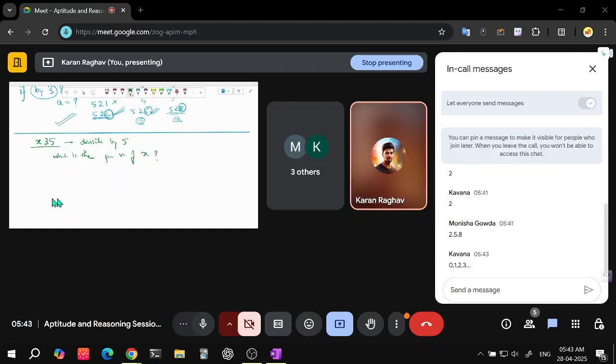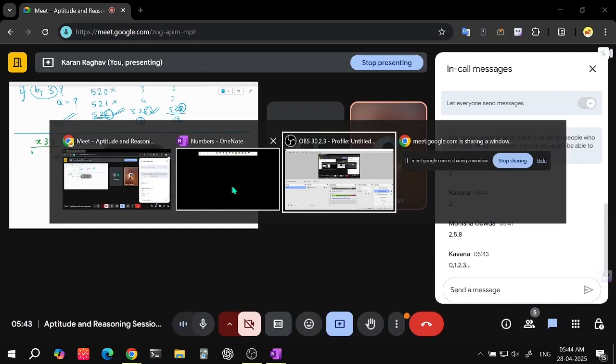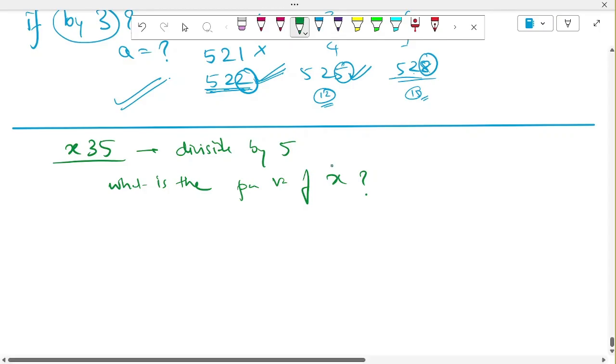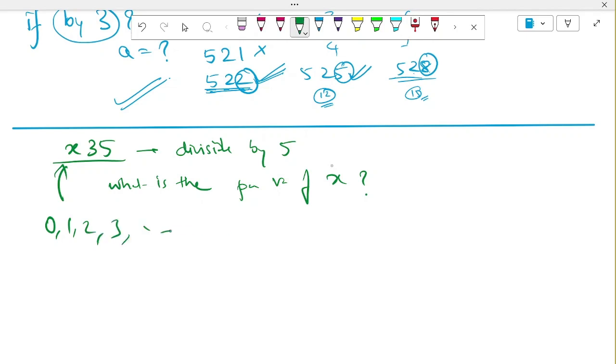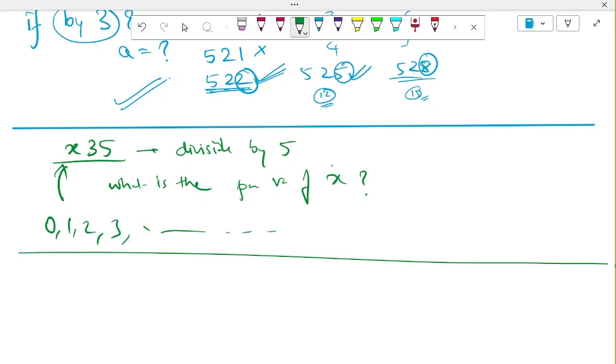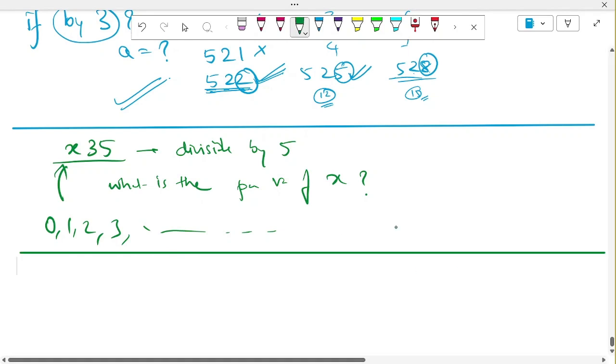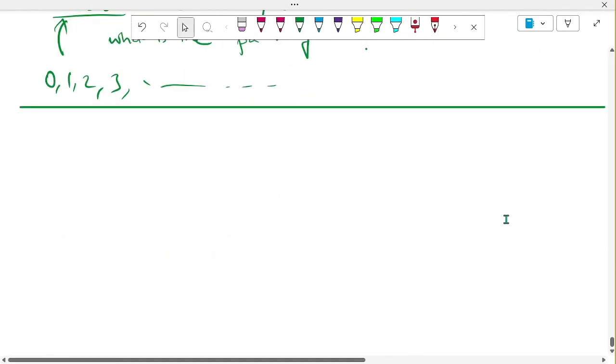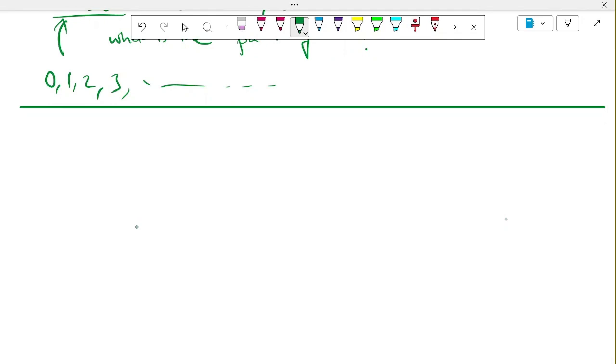Yes, it can be equal to 0, 1, 2, 3 and so on, right? So this is the answer. In the same way, we can solve such questions faster if you know the rule of divisibility.